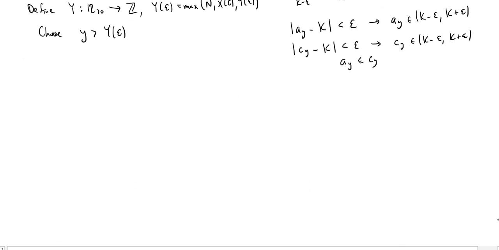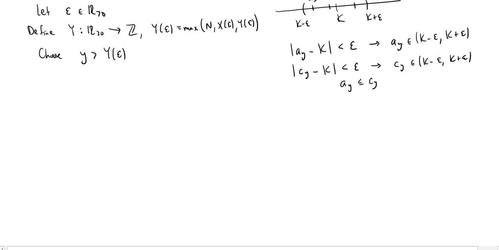All right, so we could put this together and say, well, since a_y is in this interval, we know that k minus epsilon is less than a_y, which we know is less than or equal to b_y, which we know is less than or equal to c_y, again, because we went out past n, and c_y is less than k plus epsilon.